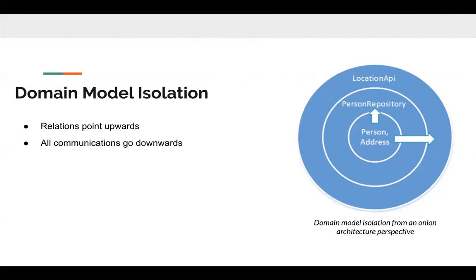So in this example, the location API has a compile time reference in the code to, say, an address type, an address class. Person repository has a reference in the code to a person class, for example. How did you phrase that again? References point inward. References point inward.